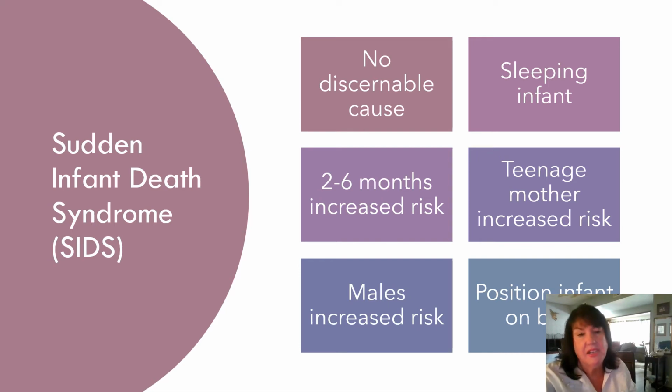For instance, we actually have known since the 1970s research that if an infant is placed prone on their tummy, they have an increased chance of SIDS death. So we really try and teach moms of infants today to place the infant on their back in a more supine position.